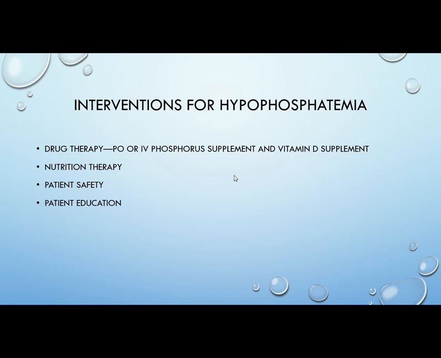It should be given slowly because the problems caused by hyperphosphatemia are equally as serious as hypo. Nutritional therapy involves increasing the intake of phosphorus-rich foods and decreasing your calcium in your diet. Remember, because they have a reciprocal effect on each other.